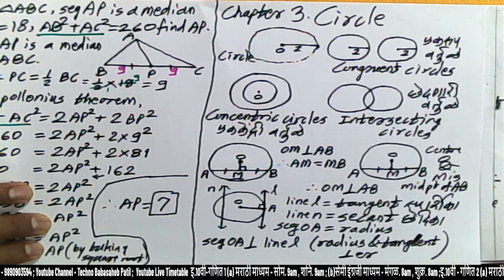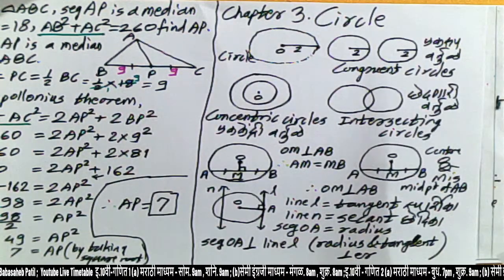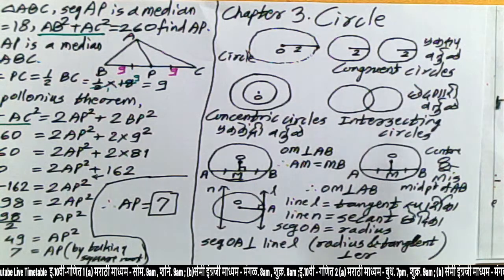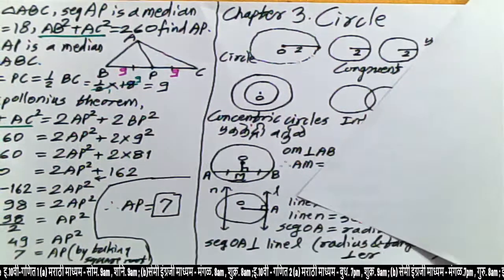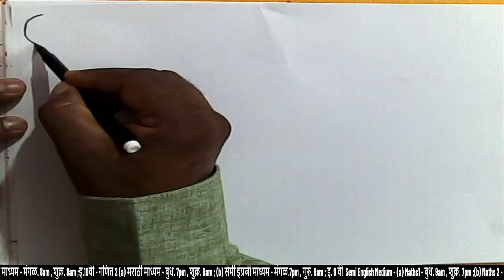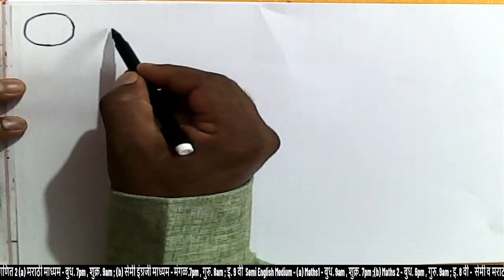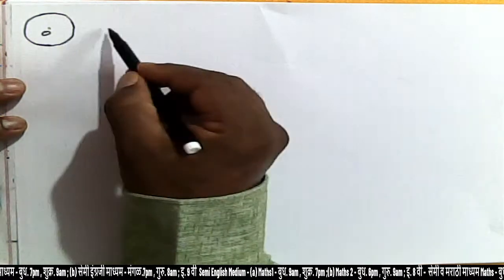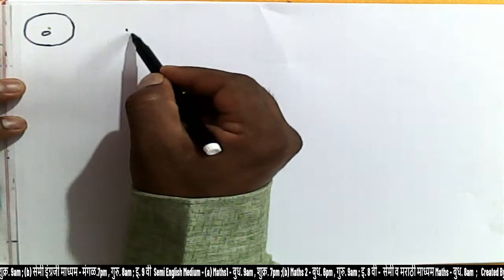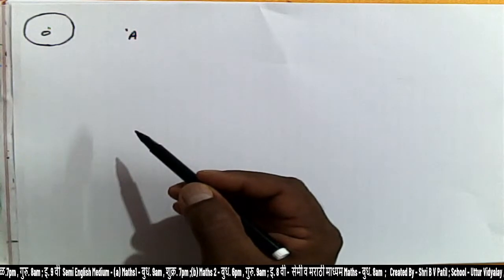The next part we discuss here: one circle we draw, O is the center, and point A is present in the exterior.